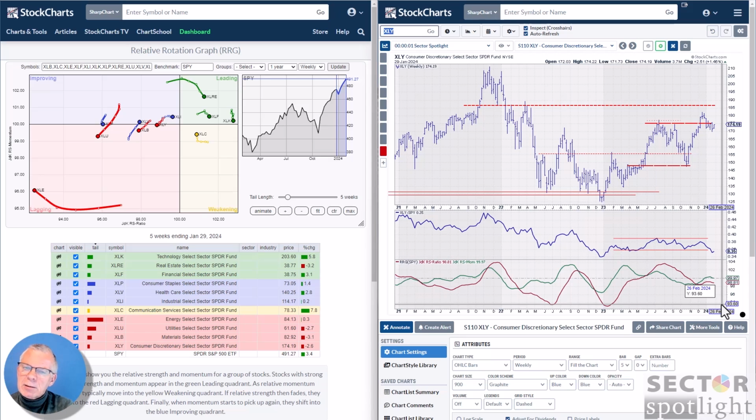We're going to take a look at the equal-weight versus cap-weighted RRGs in a minute, and you will see how that looks quite different when you bring that consumer discretionary sector, which is a huge sector with a lot of industry groups and a lot of individual stocks, onto an equal footing, and take out the impact of those mega cap stocks.